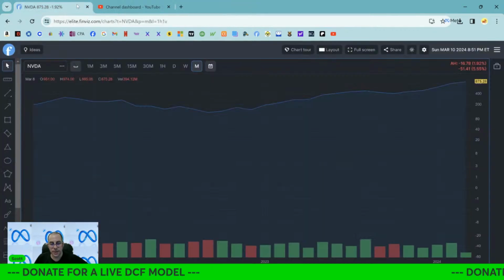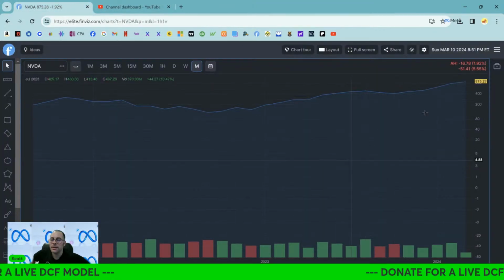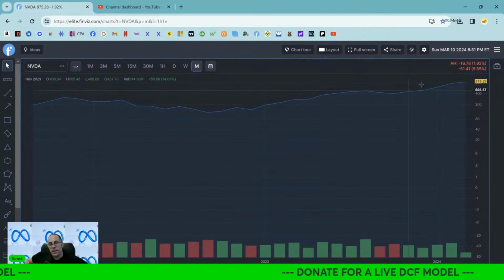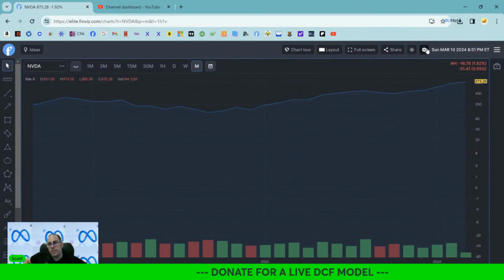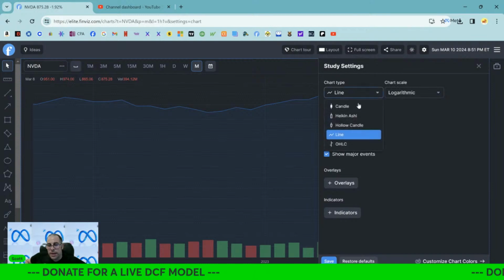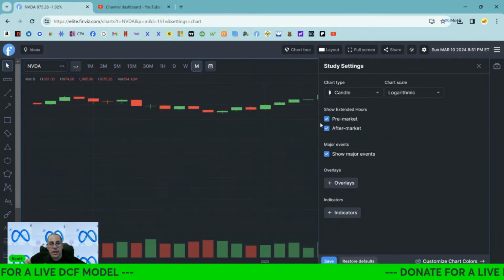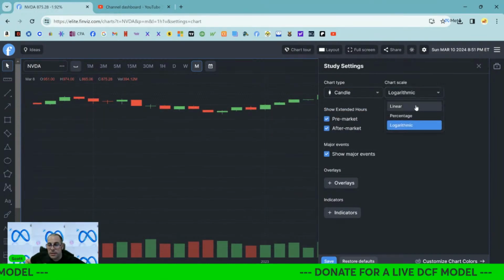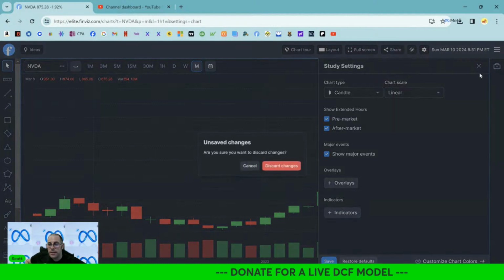I don't think, does anybody use logarithmic? I'm not sure how that would be beneficial, but let's just skip that. Candlesticks, which I definitely use quite a bit.